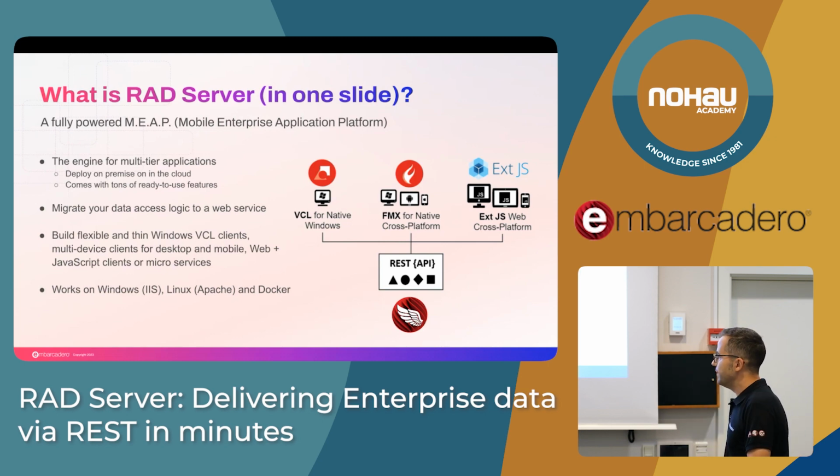So on Linux, you will need Apache, and on Windows, you will need IIS, which is the web server that's coming from Microsoft. Because it's important to understand that RAD Server is stateless. So it's not an application that is run constantly in the background.